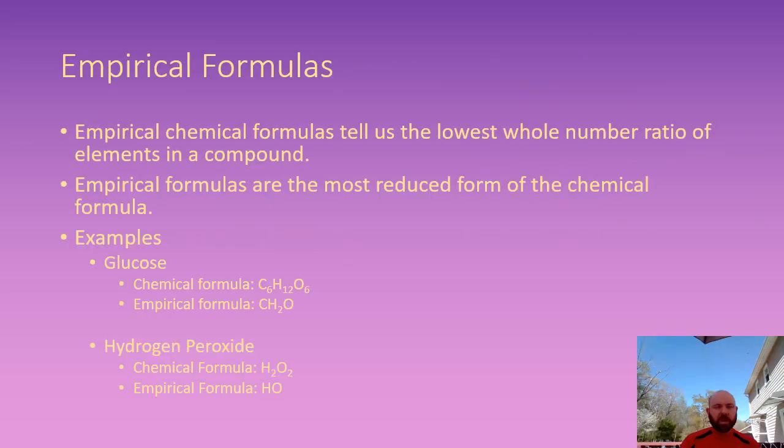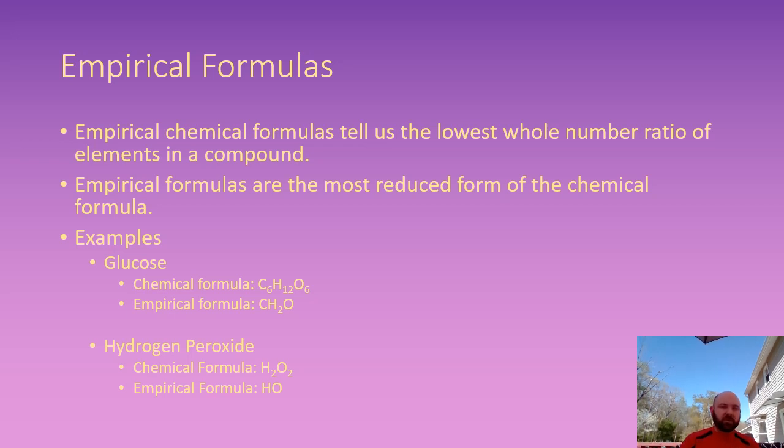Before we go any further, we need to stop and talk about something called empirical formulas. Percent composition alone cannot lead us to the actual overall chemical formula for a compound, but something we can determine from percent composition is what is known as the empirical formula.